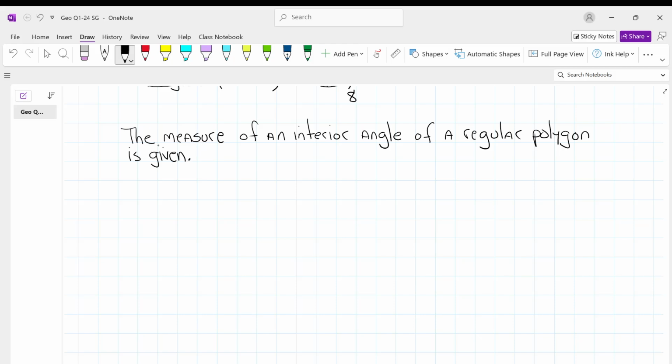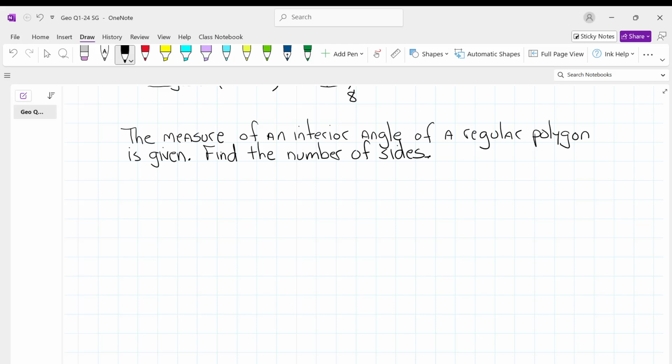So they're going to give you the measure of one interior angle. The question is to find the number of sides. So in this case, we have to solve for n.